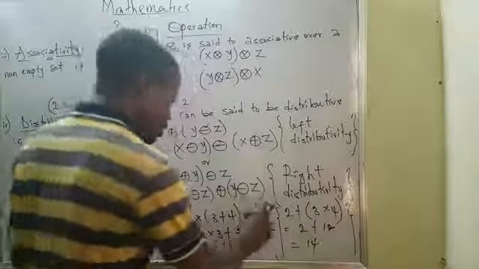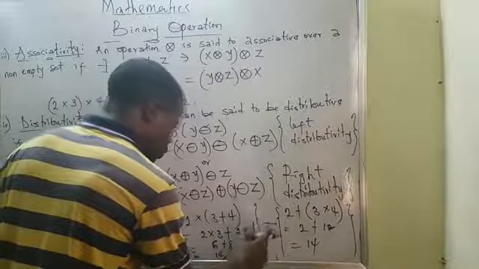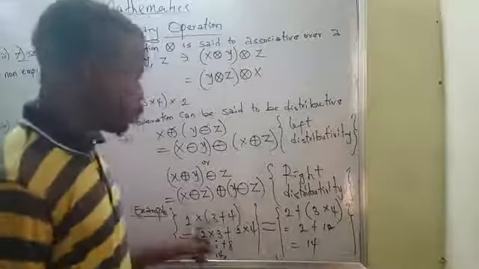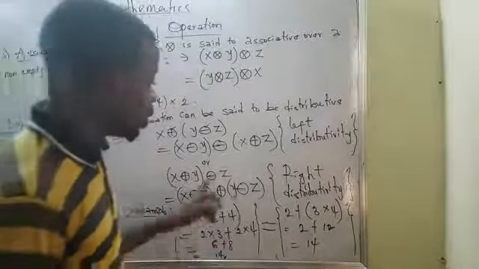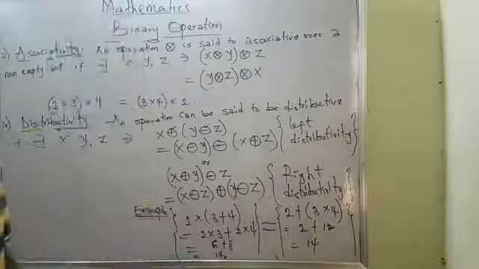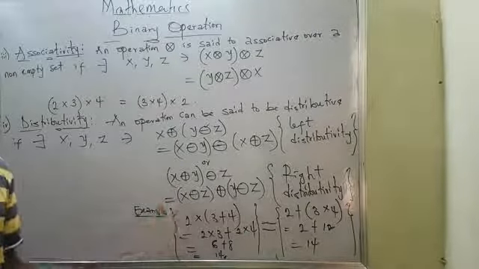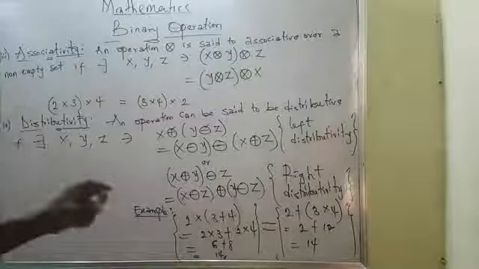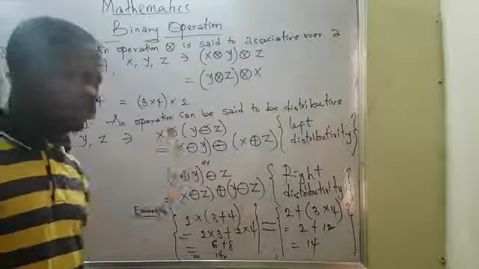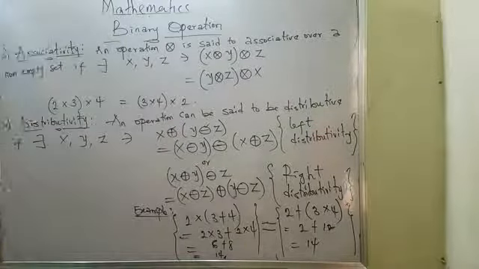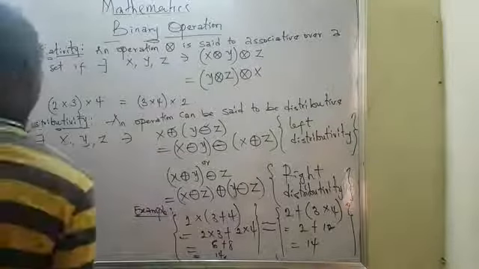So here, you will see that multiplication distributes over addition, and at the same time addition distributes over multiplication. But in some cases it will not be like that, and I've said division will never be distributive over subtraction. So let's go to the next property.